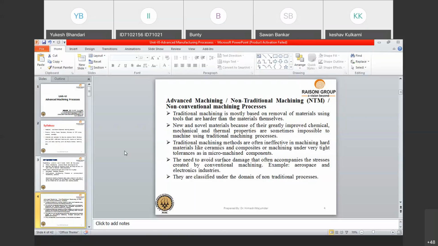Nowadays, with the advancement of materials technology, new and novel materials are coming up with greatly improved chemical, mechanical, and thermal properties.